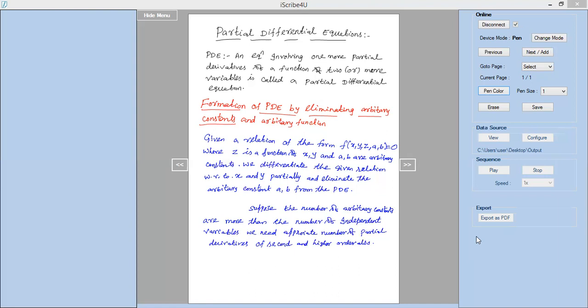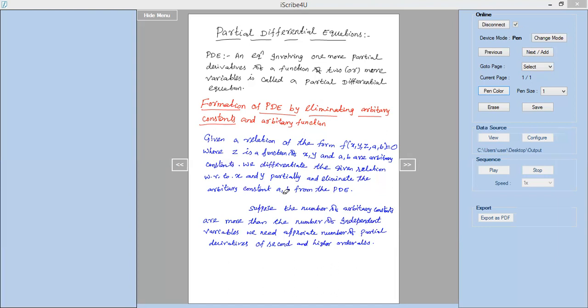If z is a function of two variables x and y, then with two arbitrary constants the solution should be in first order derivatives. If the arbitrary constants and the independent variables are the same in number, then the PDE should be of first order.